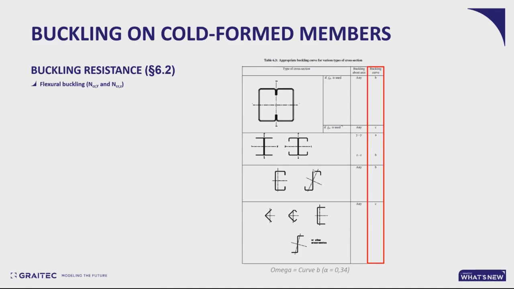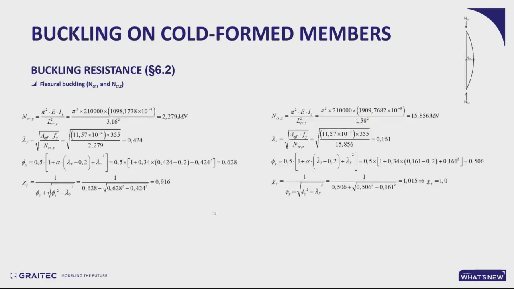But we've asked our contacts, and it turns out for a hat section, you should consider curve B with a corresponding alpha of 0.34. So that's how you get the phi coefficient. That gives you the buckling factor in the main plane. Do the same for the secondary plane with a different critical length.